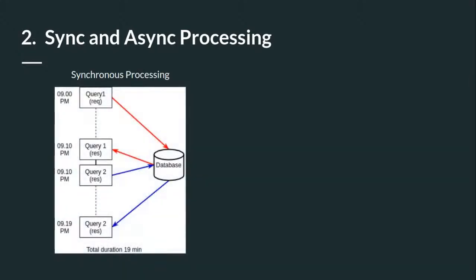If I have query 1 that is executed at 9 p.m., and the database gives the data back at 9:10 p.m., there is a two-minute waiting time before query 2 is requested on the database, and the result for query 2 coming back from the database takes 9 minutes. So the total duration is 19 minutes.